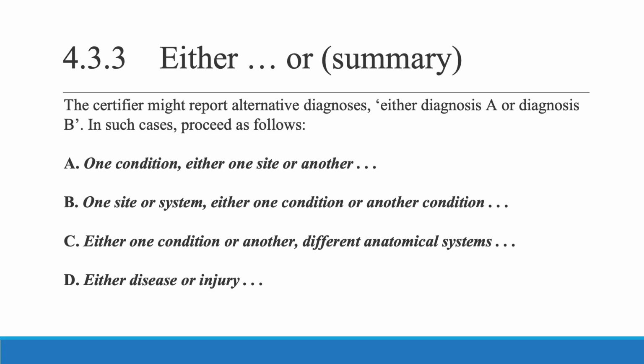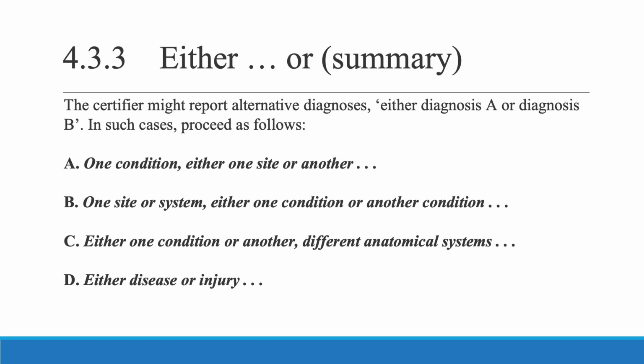We have two scenarios to explain to us how to code those. Instruction B, one site or system, either one condition or another. We have three different scenarios to code for there. Instruction at letter C, either one condition or another, different anatomical systems. And the instruction at letter D, either disease or injury, and instruction on how to code that.